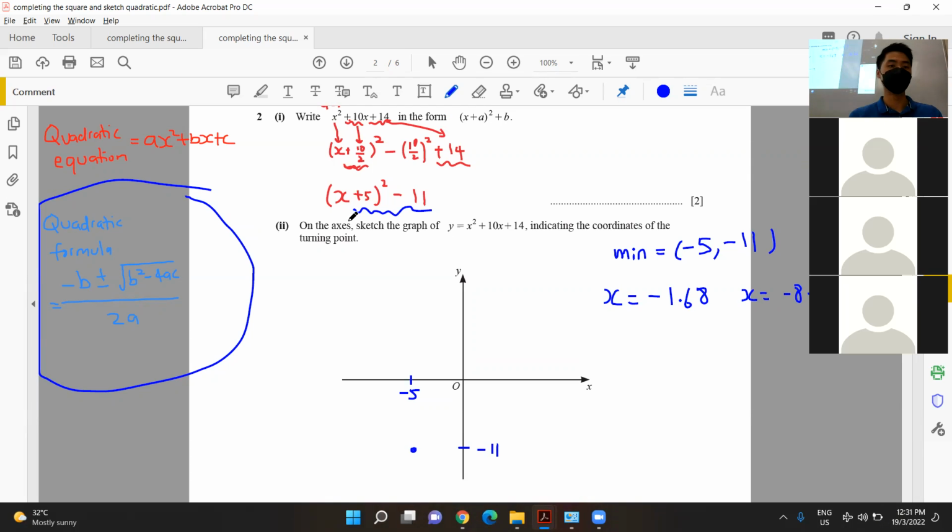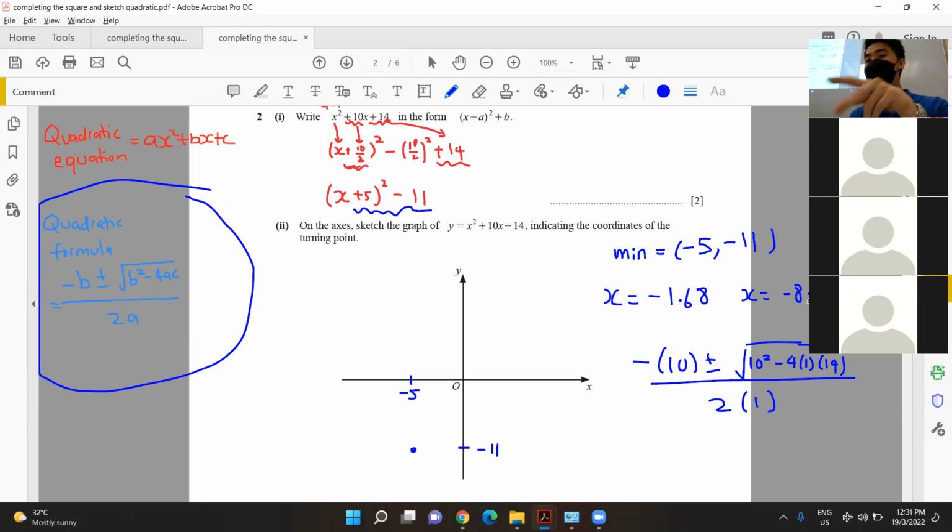Or you can use the quadratic formula, which, if I write it down for you, is going to be -10, plus or minus the square root of b squared minus 4ac, over 2a. In this case, when you plus the square root, you will get one answer here, and when you minus the square root, you get another answer here.